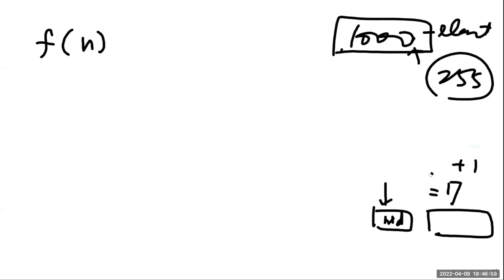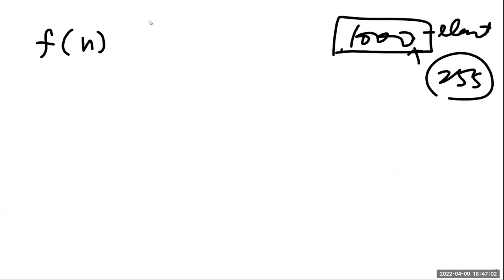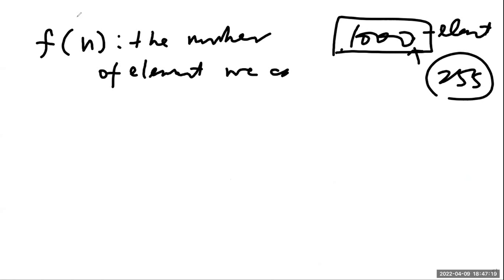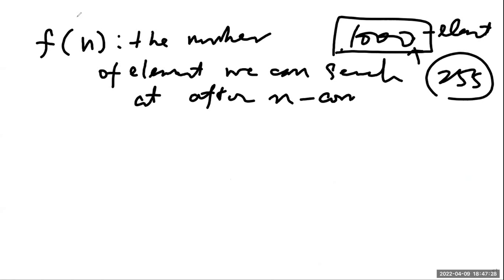The F function is the number of elements we can search after n comparisons.